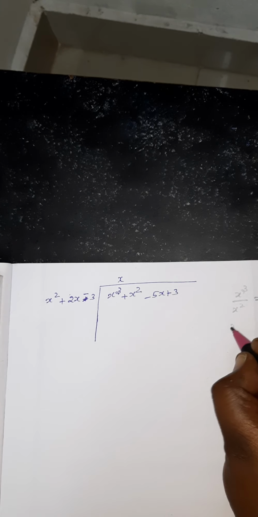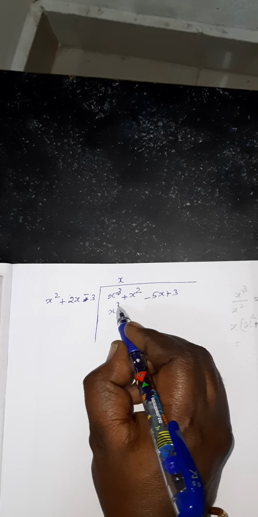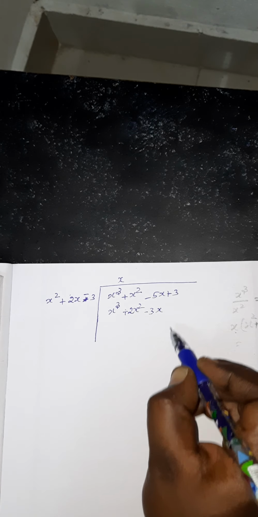So x, then using this x, you multiply the divisor x square plus 2x minus 3. So what you get, you write it here. x into x square is x cube, x into 2x is plus 2x square, x into minus 3 is minus 3x.